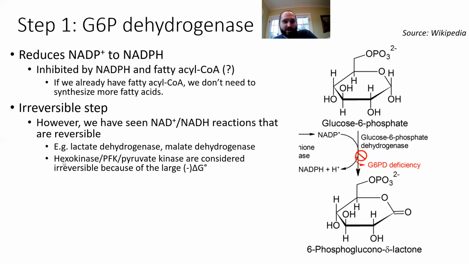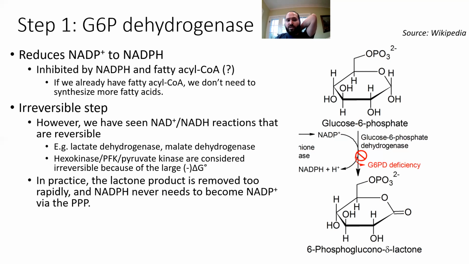We also mentioned hexokinase, phosphofructokinase, and pyruvate kinase from glycolysis were considered irreversible because of the large negative delta G naught. And in this case, the reason why this is irreversible is that in practice, the lactone product here is removed too rapidly. It's processed by the next enzyme in the pentose phosphate oxidative phase.